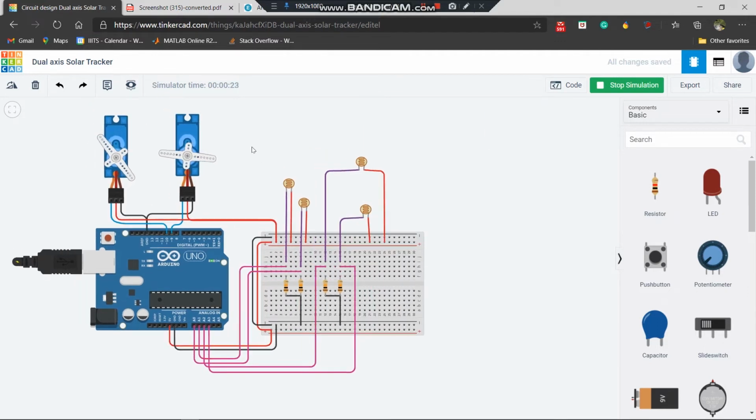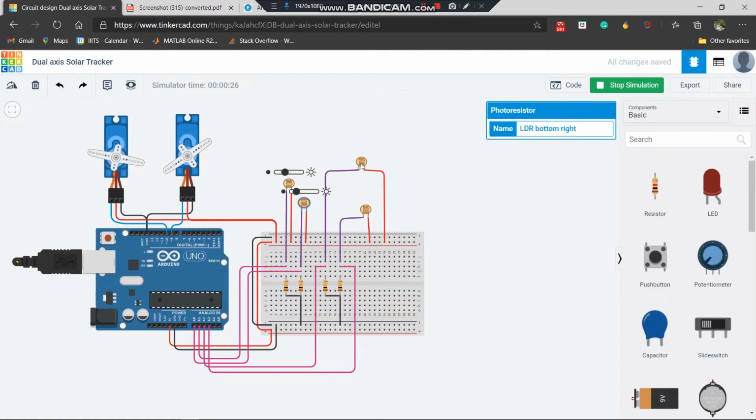We can see that both horizontal axis and vertical axis servo motors are rotating to an angle such that it will get the maximum intensities.